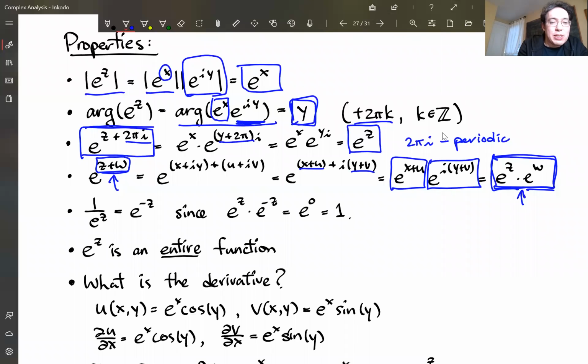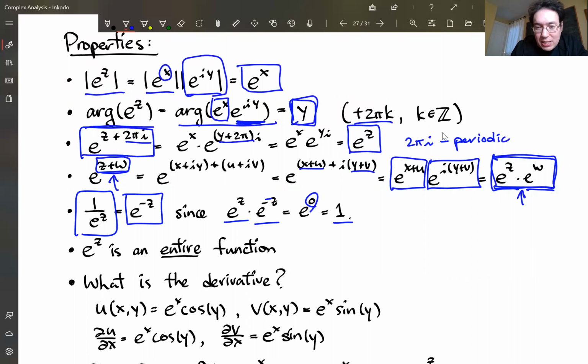Let's see, 1 over e to the z is the same thing as e to the negative z, because if you multiply e to the z by e to the negative z, because of the previous property, we can add the exponents, get 0 here, and e to the 0 is equal to 1. That means that e to the negative z is the multiplicative inverse of e to the z.